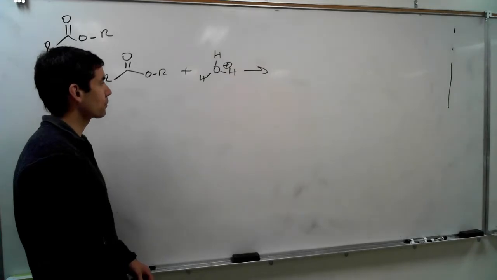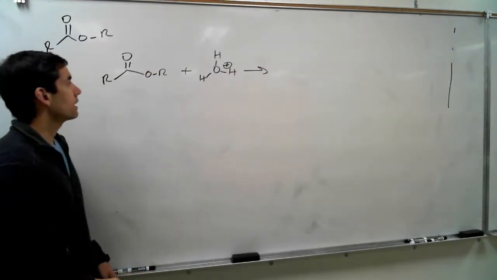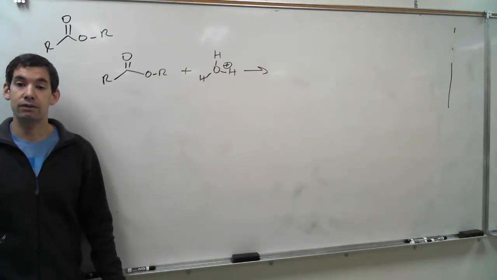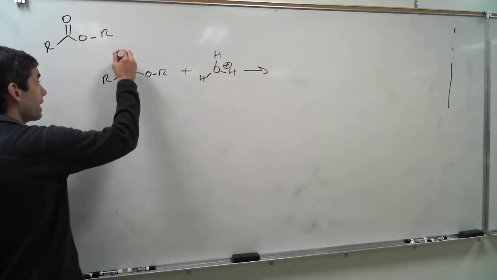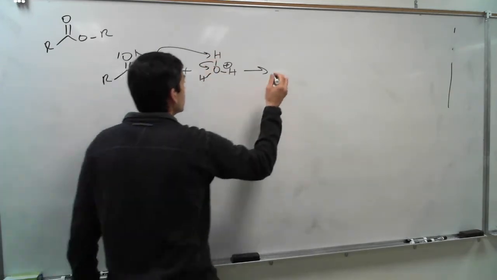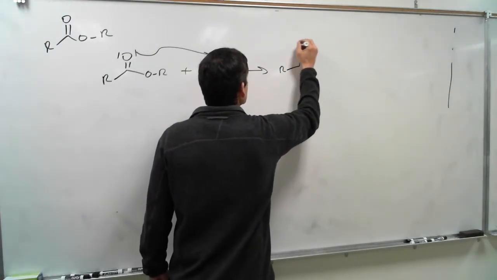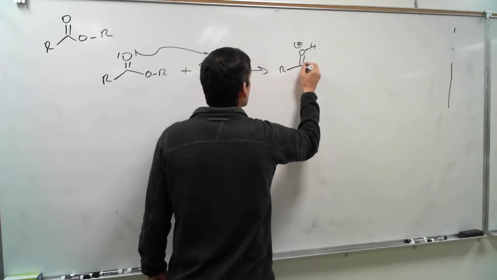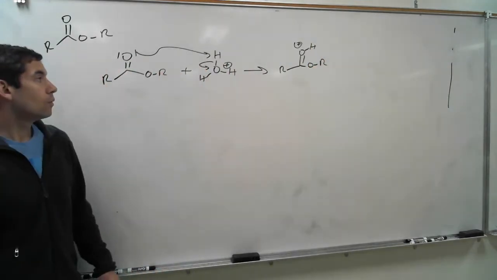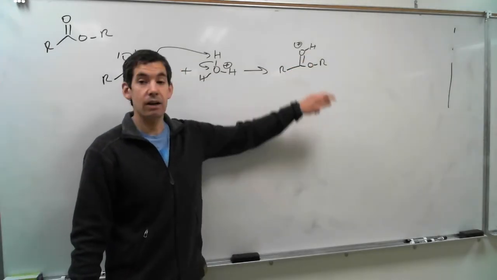Now, we've seen these reactions before in the past, where we have an acid in there and we have our carbonyl here. What was the first thing we've done with all those reactions? Just like we saw in the past, we get to this species here, where we have an oxygen with a positive charge on it.